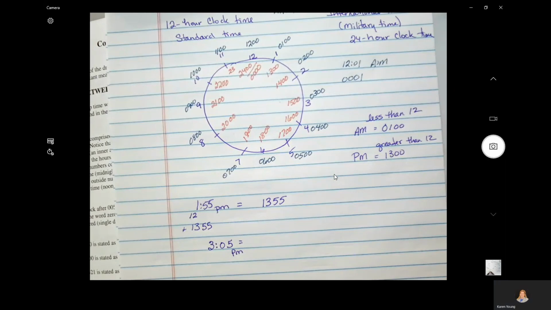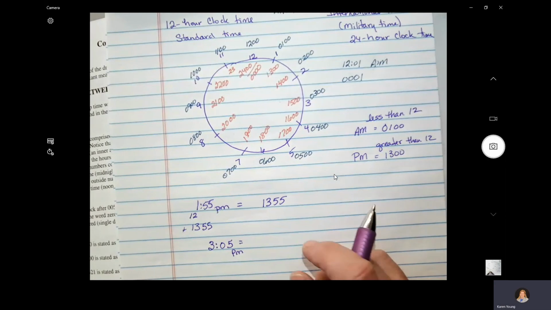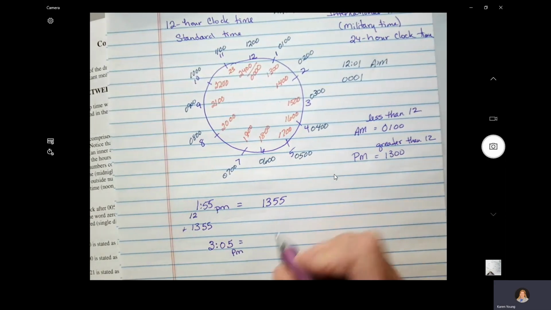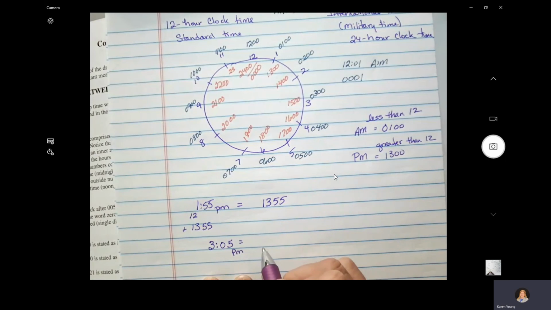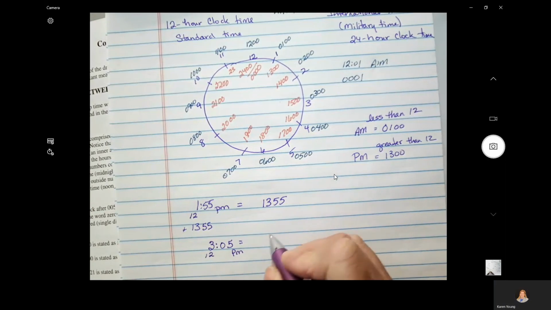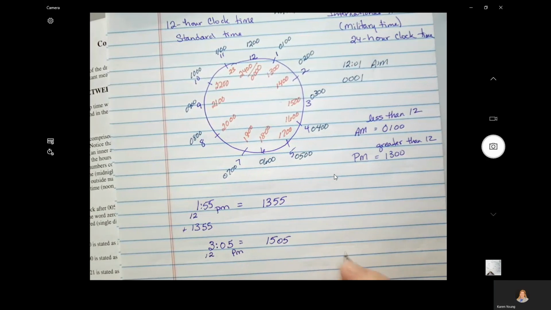I had an issue. I had an issue with a couple of those girls. Anyway, so I want to write it to military time. I'm going to add 12 to my 3. That gives me 1500. And then my minutes, 05. No colon, no AM, PM.